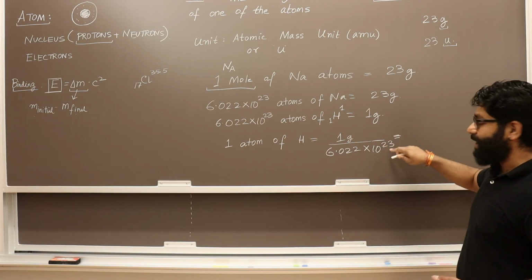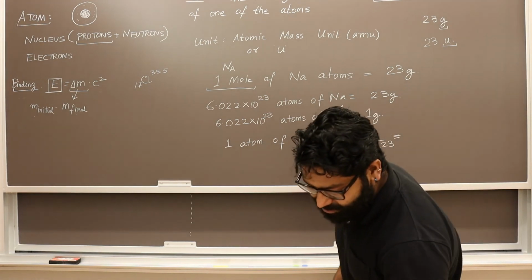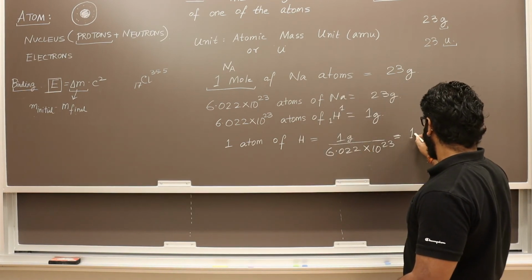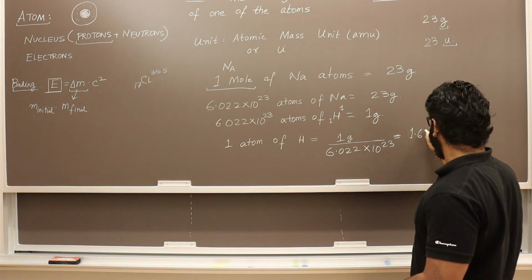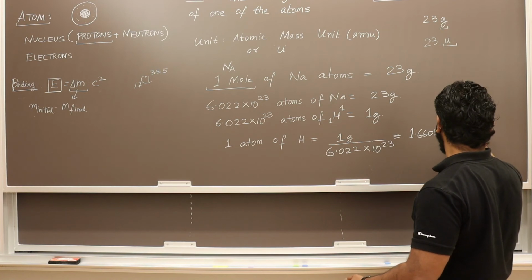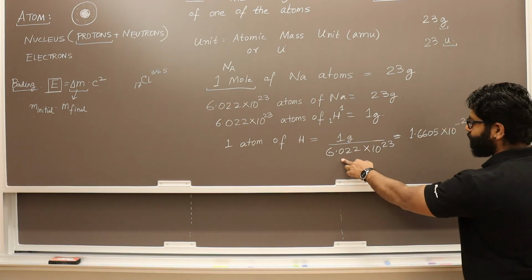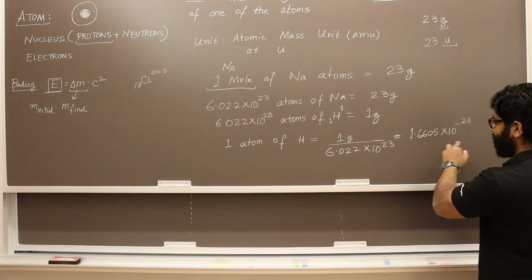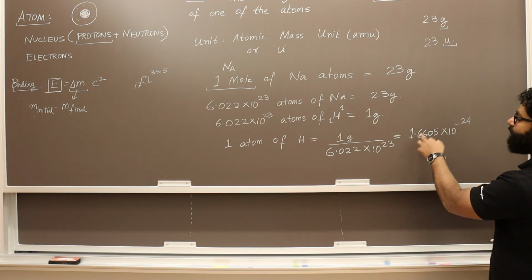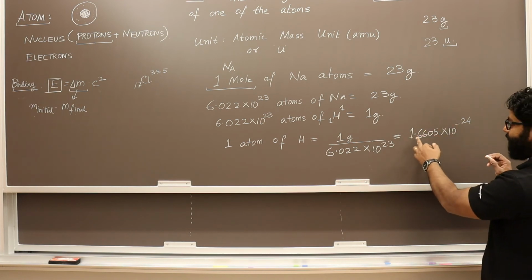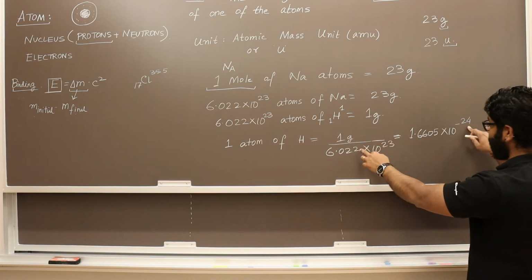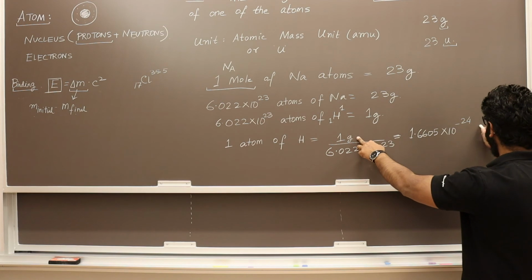This becomes 10 to the power minus 23, and I've done this math previously. 1 over 6.022 is 0.16605, so this is 10 to the power minus 23. But we rearrange that in scientific notation, and we get 1.6605 into 10 to the power minus 24 grams.